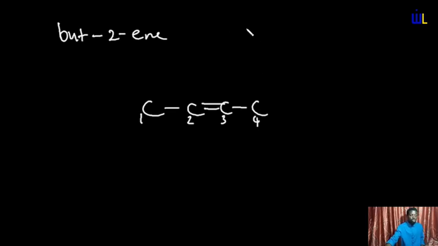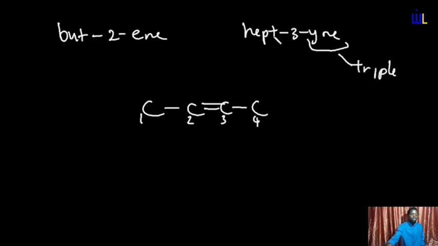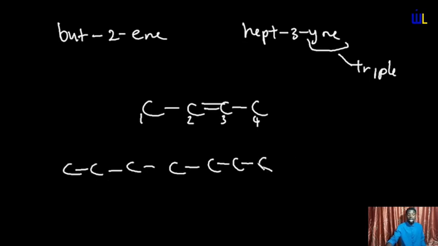Okay, imagine I wanted to name something like, let's say, hept-3-yne, an alkyne with a triple bond, and hept means 7. So let's write that out. That will be 1, 2, 3, 4, 5, 6, 7. That is the hept, meaning 7.